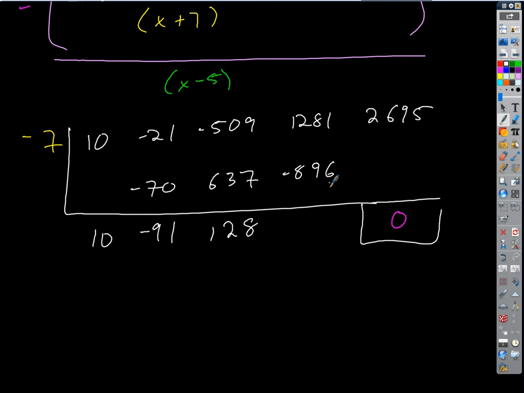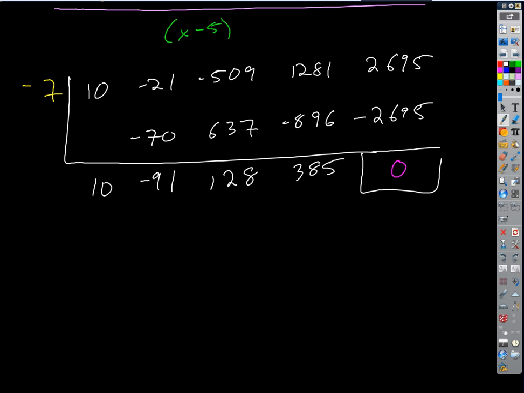If I add those, I'm going to get 385 times 7. It should be negative 2695, right? Yes, it is. Okay, good.